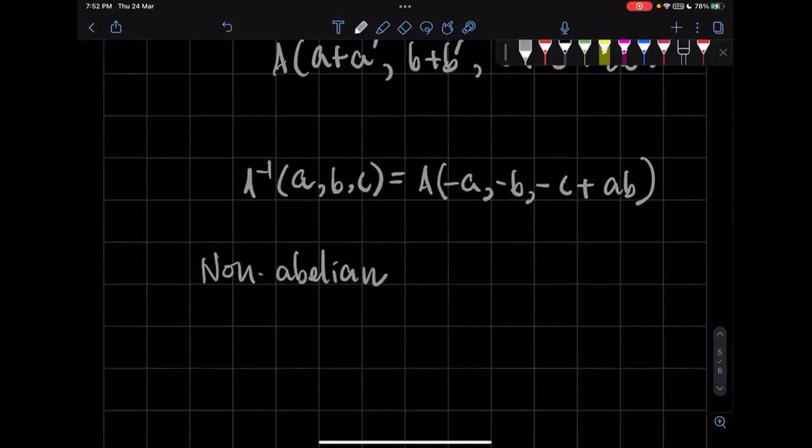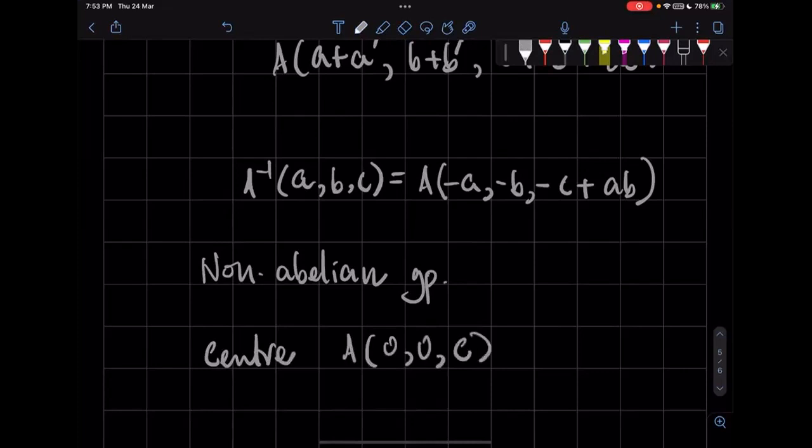And that should be clear from the fact that the algebra is a non-commutative algebra, right? So it's a non-abelian group, and the center of the group is of this form. And the center is isomorphic to the reals. Okay. So therefore, it's a non-compact group as well. Okay, any questions about the Heisenberg group?